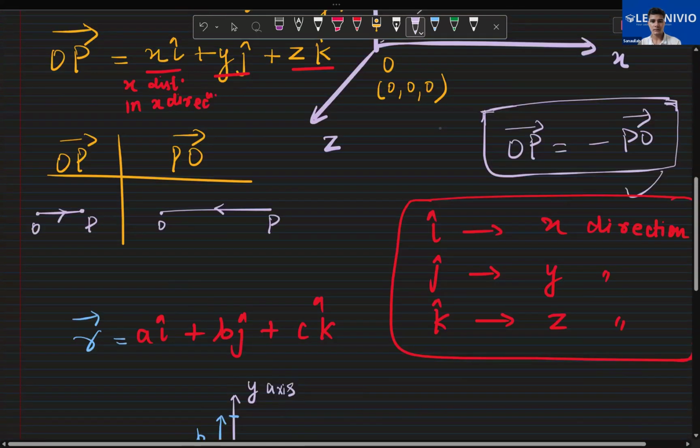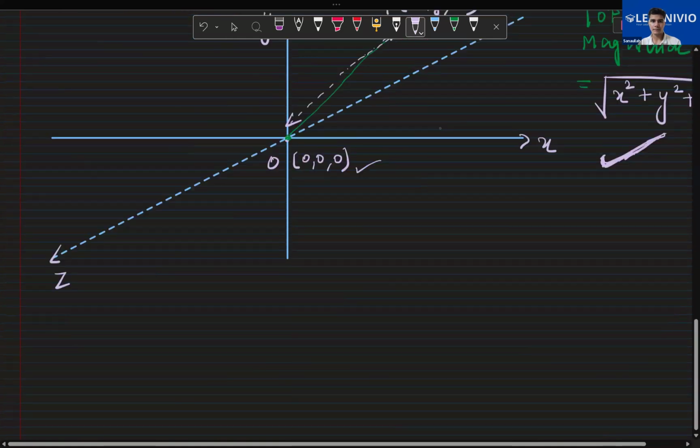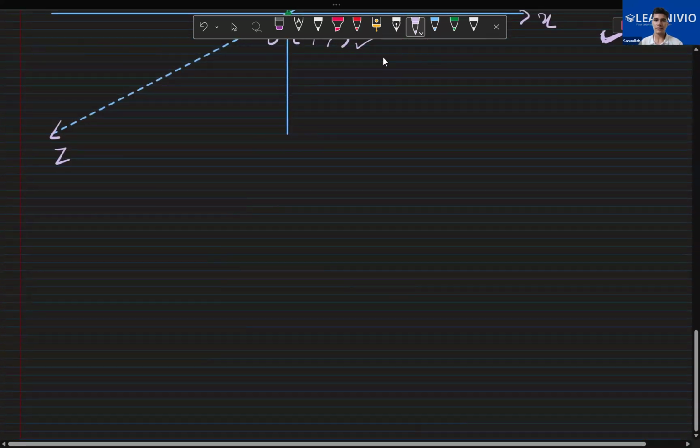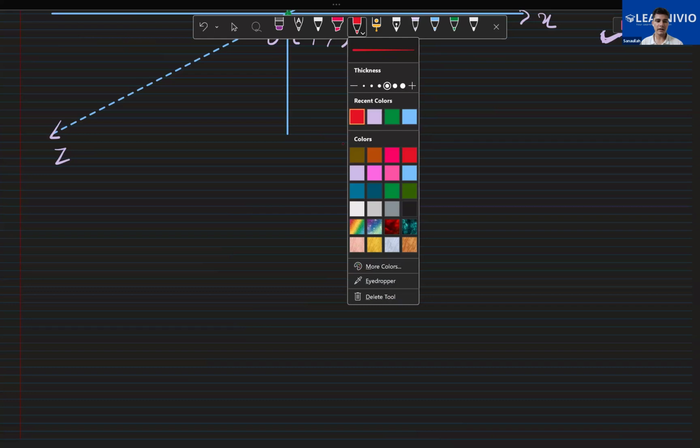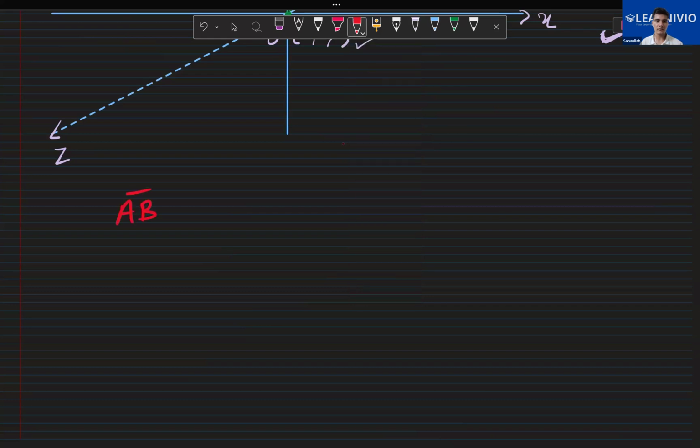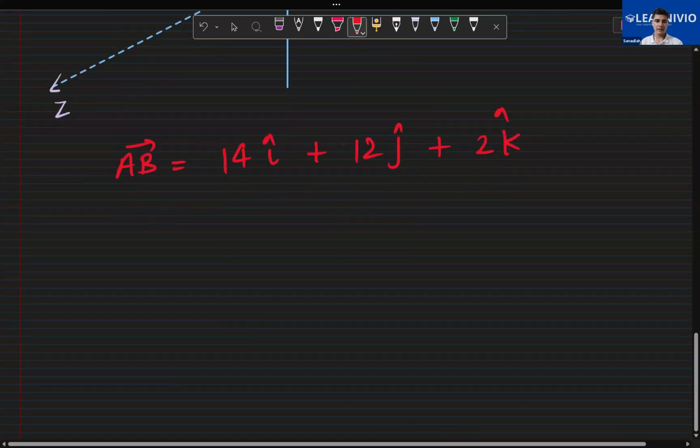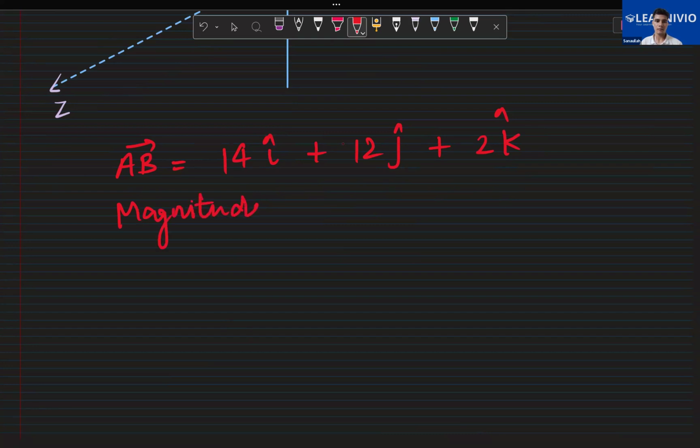Now let's do a question. Let's do some questions on this. Let's say you have a vector, AB vector. Find the magnitude of AB vector.